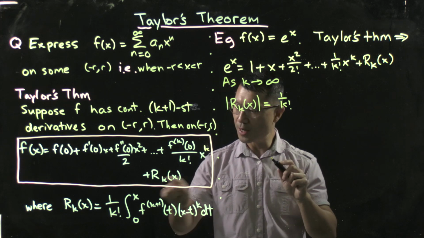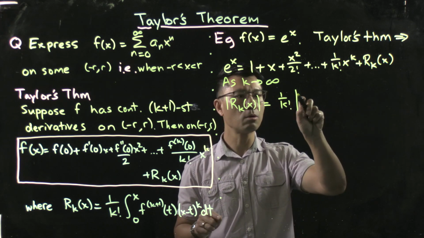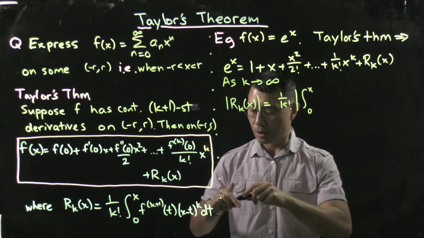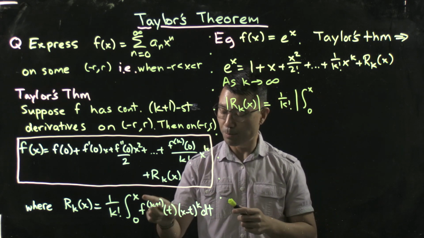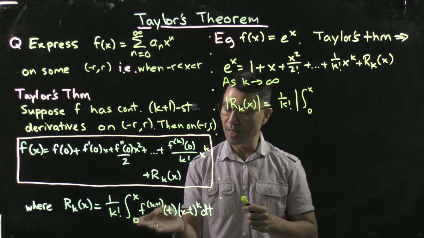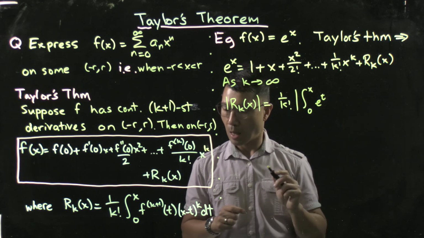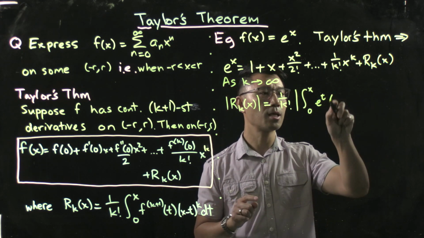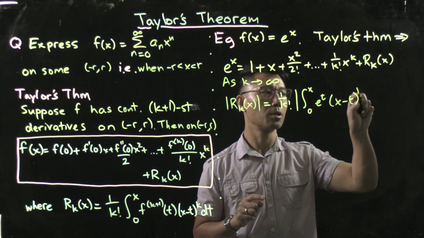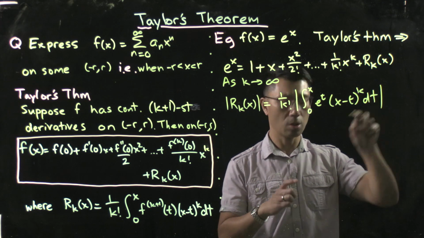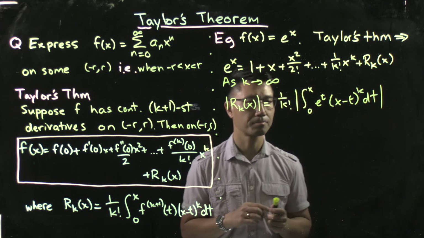Let's take the absolute value now, so we'll take the absolute value of this integral from 0 to x. Since we're looking at the exponential function, all the derivatives are just e to the x, so here it's e to the t. And then you'll have here (x minus t) to the k, dt. And we want to look at the absolute value of that.